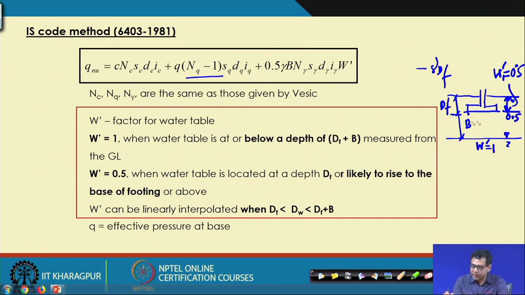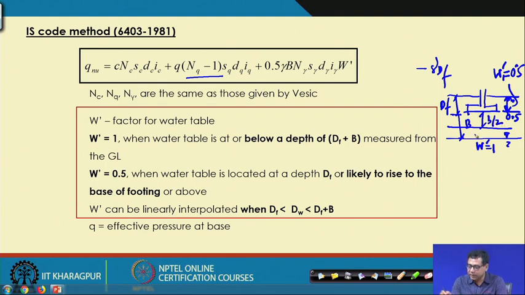Now if the water table is between the base of the foundation and within B from the base, then we have to calculate W dash by linear interpolation. Here it is 1, here it is 0.5. If it is at B by 2 from the base, then it will be 0.75.